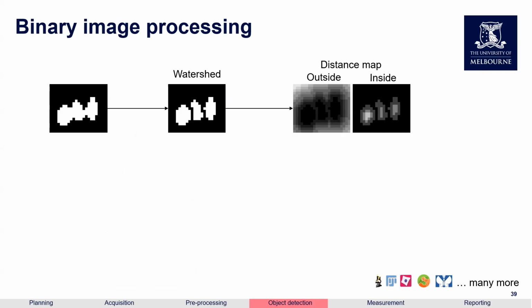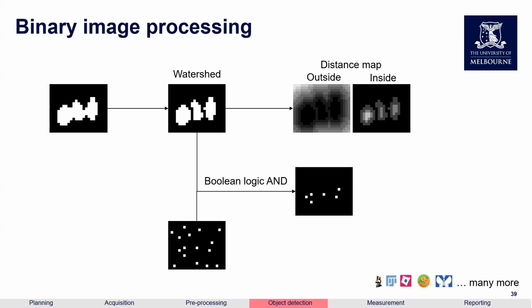Distance map assigns the pixels increasing intensity values from the object border, so this can be used to identify or filter objects by their proximity to other structures. Boolean logic operations allow filtering based on overlap with the other channel. I will demonstrate some of this in the workflow examples coming up.